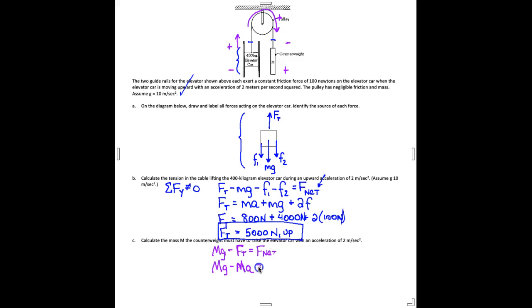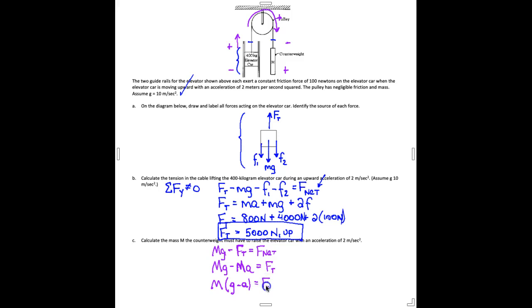And on the right-hand side, I'm going to have the Ft that I added to both sides. The reason that I did that is because I want to isolate the variable M, and I want to factor it out. In this case, I have M times g minus a. So now I've factored out the size of that counterweight.